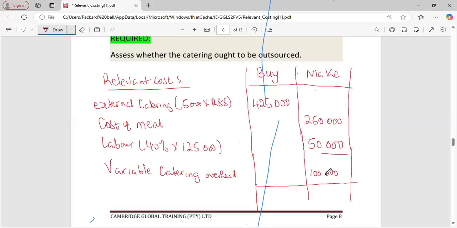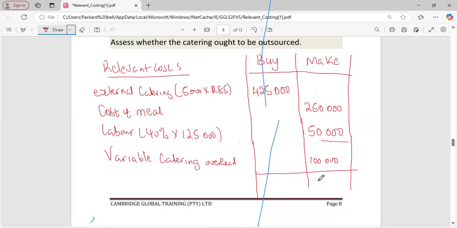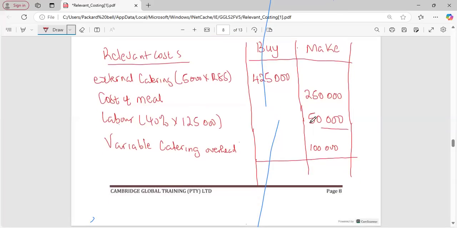And the 60% has nothing to do with accepting or not accepting, because those guys are still going to be within the organization whether we accept the order or not. I think that's what he said. I'm just elaborating there.